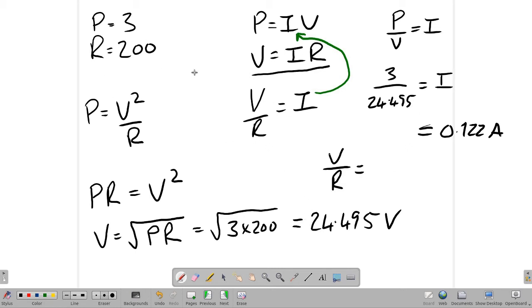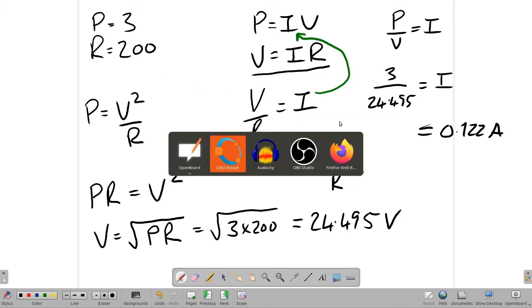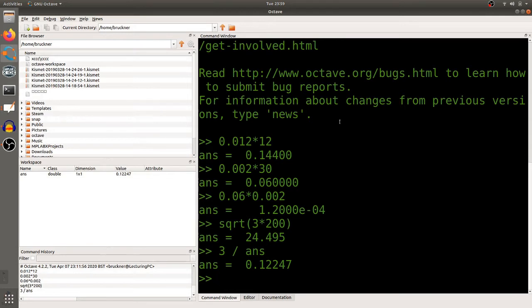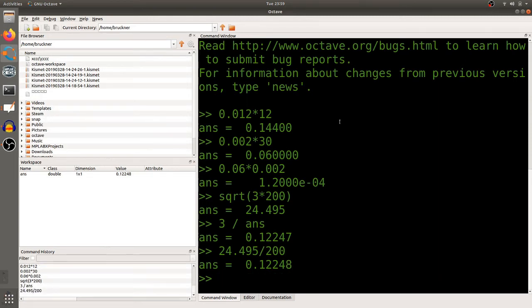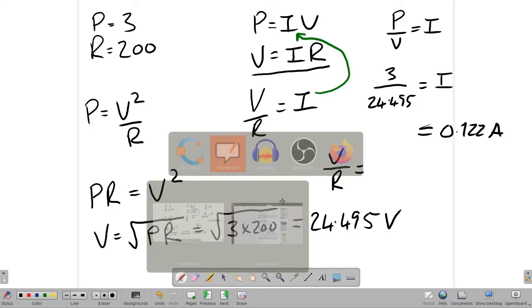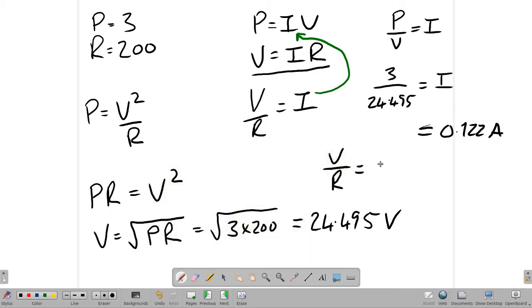We've got 24.495 divided by 200. And as we can see, it gives us roughly the same answer. There'll be some rounding error in there.